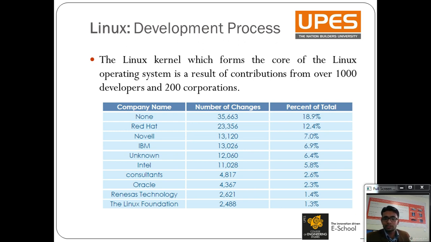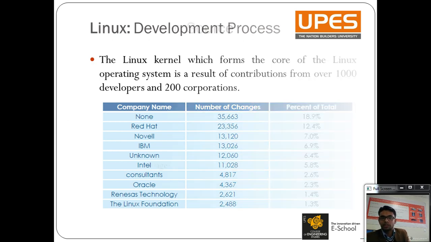As you can see in this slide as well, there are any number of companies like Red Hat, IBM, Intel, and Oracle. They all are contributing to the development of Linux. But the larger number is the individual developers who contribute day by day to the development of Linux.